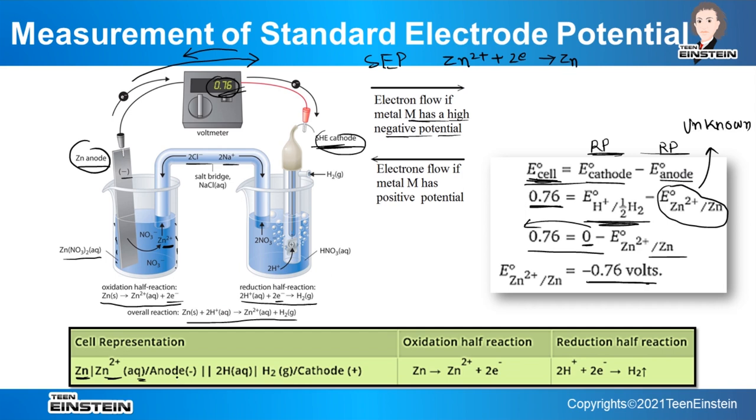Normally this is not written in cell representation, but for better understanding it is written here. 2H+ in solution, where we have taken HNO3 as the source of H+, and hydrogen will be produced; this is the cathode side. This is the oxidation half reaction, this is the reduction half reaction.